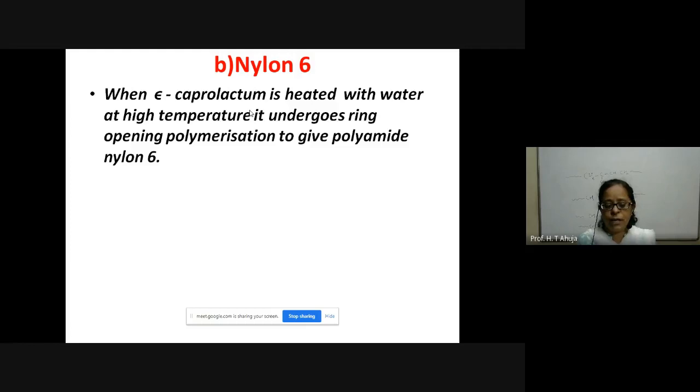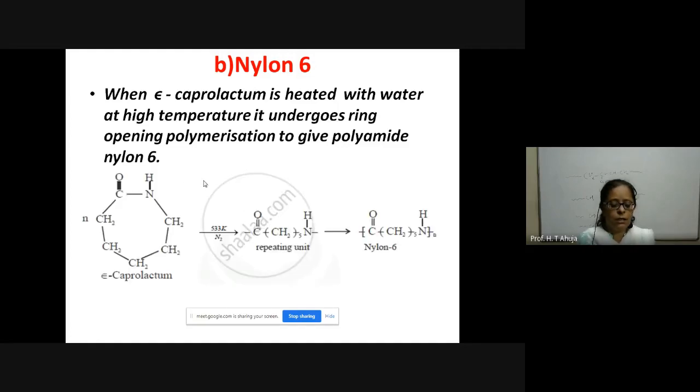When epsilon caprolactam is heated with water at a high temperature, it undergoes ring opening polymerization to give the polyamide nylon 6. Now see on the screen, this is the structure of epsilon caprolactam. Now the question arises, why is this called epsilon?